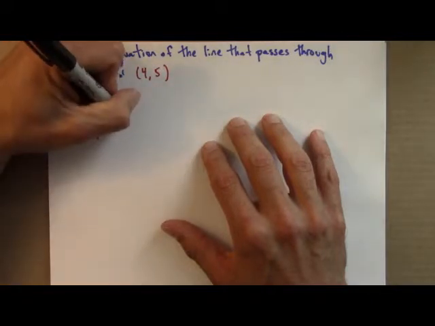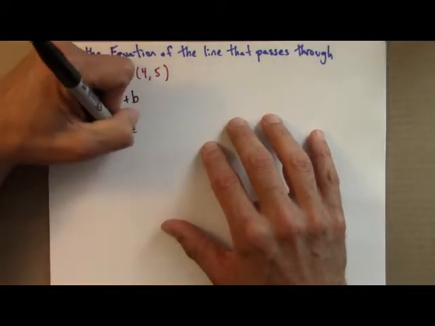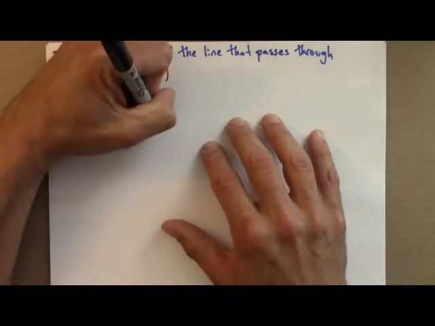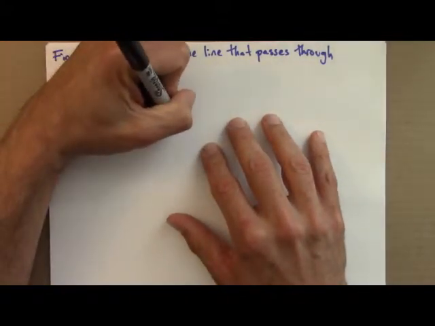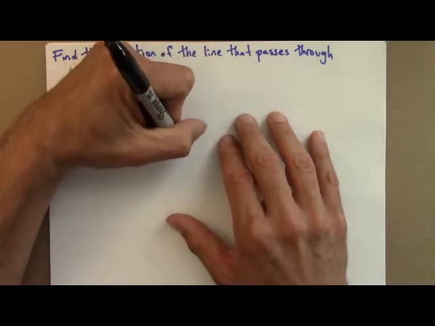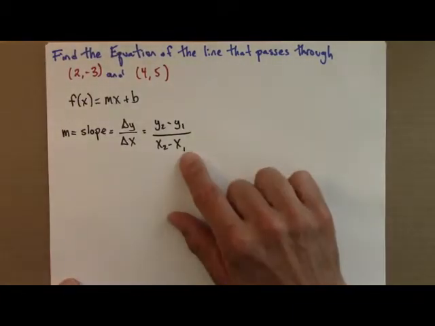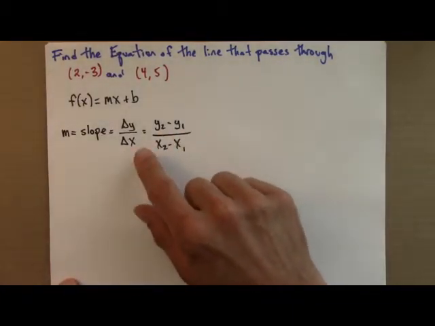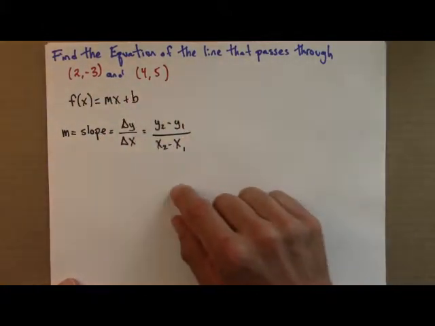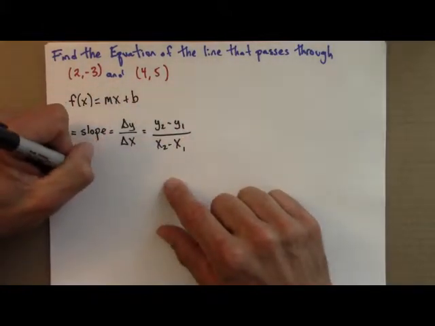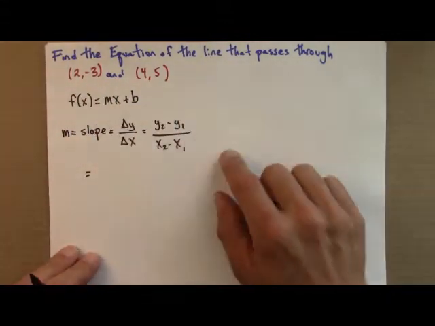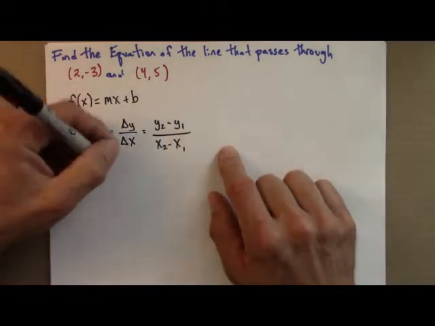So m, that's the slope. And that's how much y changes over how much x changes, which we could also write as y2 minus y1 over x2 minus x1. So let's plug in some numbers, right? This is an xy pair, this is an xy pair. So let's plug in and see what we get. So I'll take this as 2 and this as 1. This will be the second point, this will be the first point. Doesn't matter which one you choose.